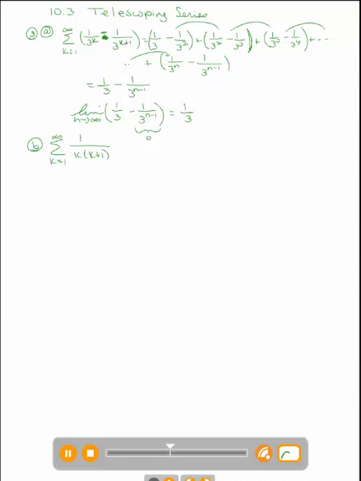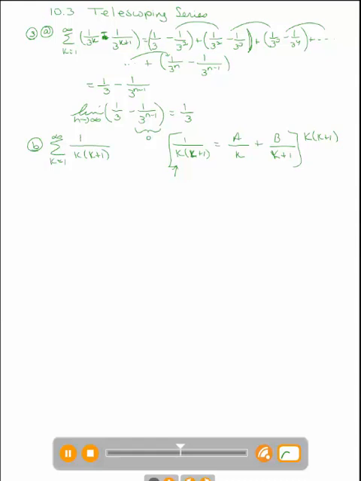So we're going to take a little detour and say 1 over k times k plus 1 is equal to A over k plus B over k plus 1, using partial fractions. If you don't remember the shortcut, you would multiply the whole thing through by k times k plus 1 and then solve it.